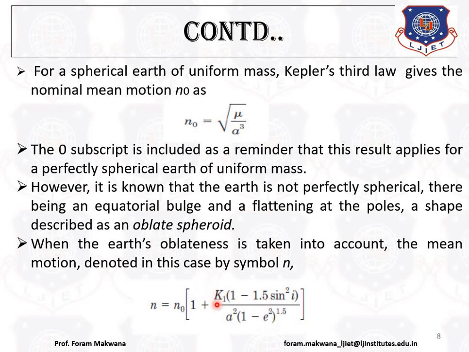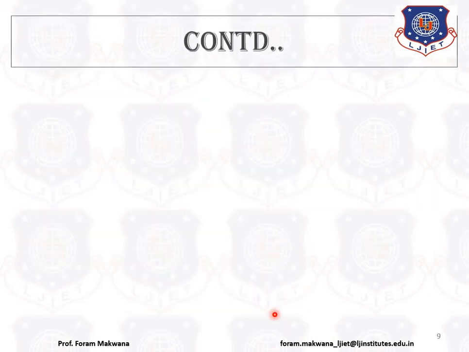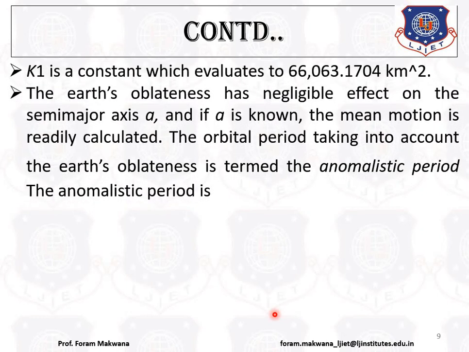Over here k1 is a constant, n0 is the mean motion for a perfectly spherical earth, i stands for inclination angle, a stands for semi-major axis, and e stands for eccentricity. The value of k1 is 66,063.17 km square.